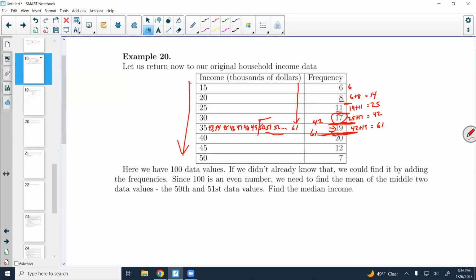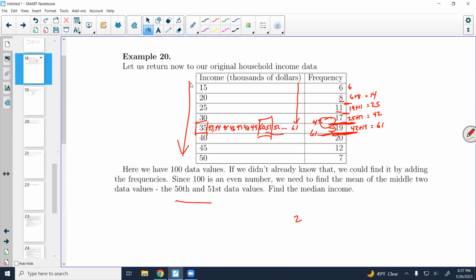So, both the 50th and 51st are in that value. So I need to add the 50th, which is 19, and the 51st, which is also 19, divide by 2, and I get 19. Or not 19, 35, sorry.